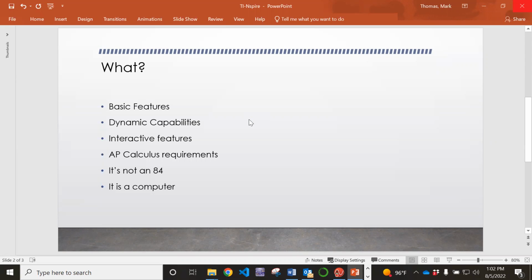A couple things to keep in mind: it's not an 84. As I try to explain what the Inspire does, many old teachers like myself would lament that, well, on my 84, I knew how to do it. My suggestion is throw away your concept of what an 84 was as you're trying to learn the Inspire.